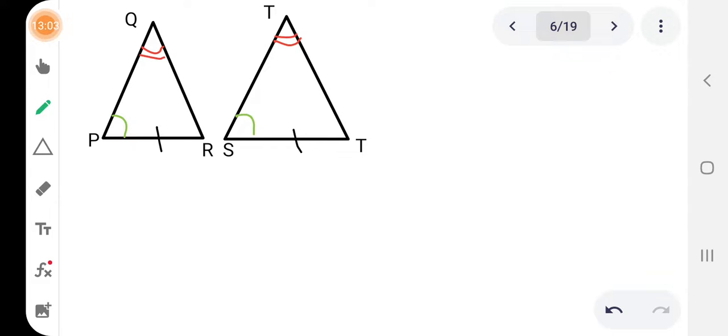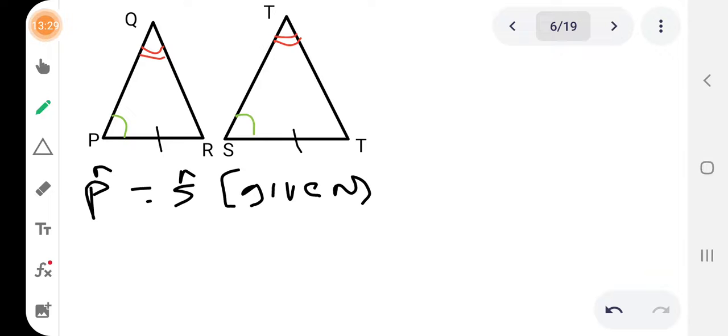Okay, so we are also given these two triangles, and they say we must prove that these triangles are congruent. So first we will start with what we are given. In this case, we are given that angle P is equal to angle S. Your reason is given. Remember, we are given this.